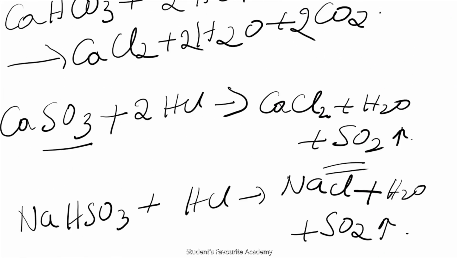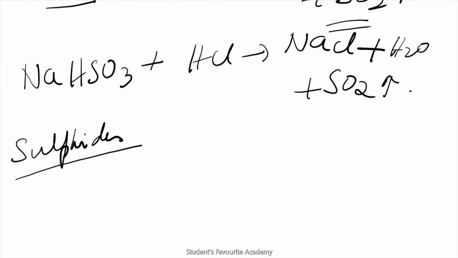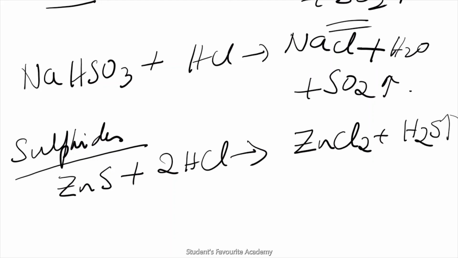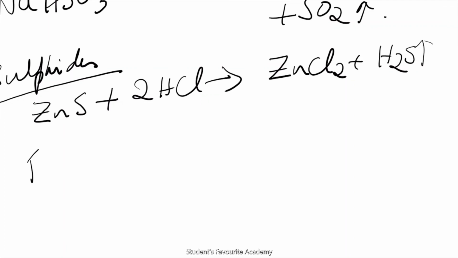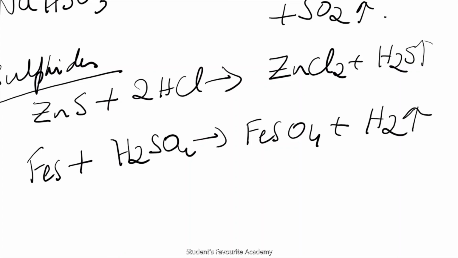Then with sulfides. Previous to this we learned bicarbonates and carbonates; this is with sulfides. Zinc sulfide plus hydrochloric acid gives zinc chloride plus hydrogen sulfide gas. Similarly, ferrous sulfide plus sulfuric acid gives ferrous sulfate plus hydrogen sulfide.